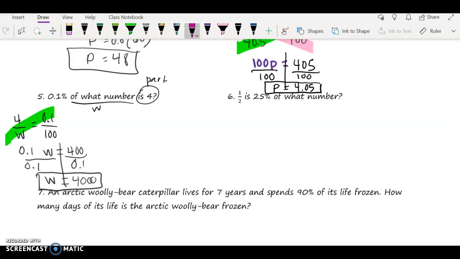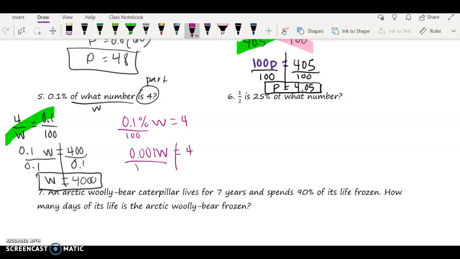And then if I did it as an equation, so I would have what number, 0.1% of what number is my W equals, because that's my is, 4. Before I can do anything with my equation, I need to divide that by 100. So I get 0.001 W equals 4.